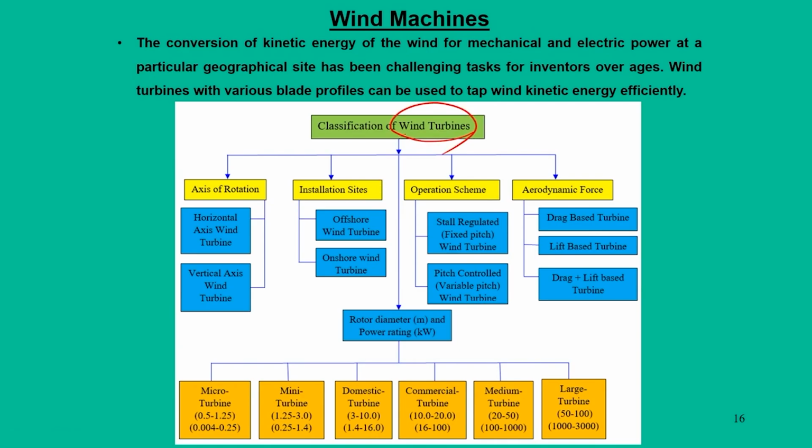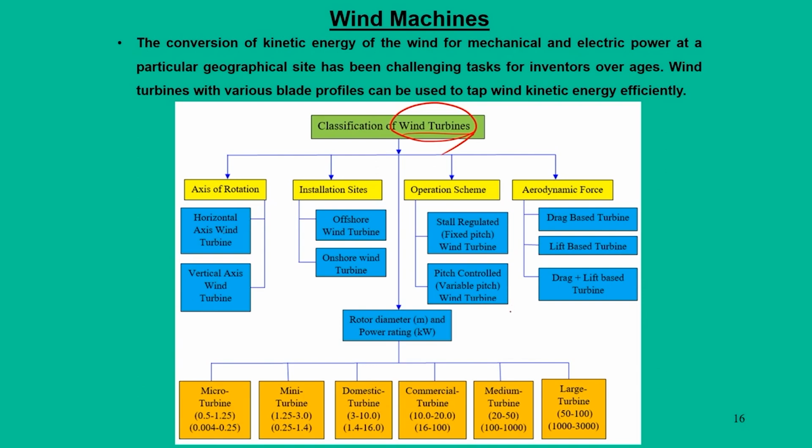Specifically we call them wind turbines, and they are classified into 4 major categories: axis of rotation, installation site, operation scheme and aerodynamic force. Axis of rotation has 2 categories: horizontal axis wind turbine and vertical axis wind turbine.